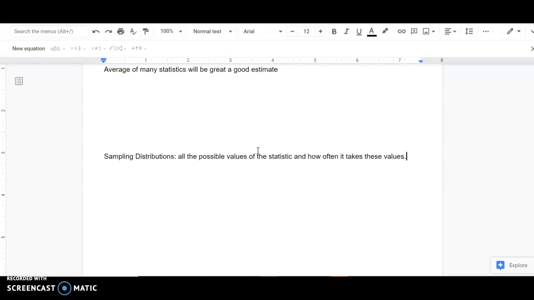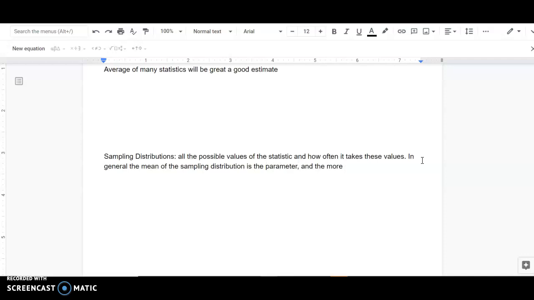So just in general, they will be normal in a lot of cases with some conditions. And in general, the mean of these sampling distributions will be the parameter. Okay, so we'll write that down. We'll say, in general, the mean of the sampling distribution, which is what we found on that little program, is the parameter.